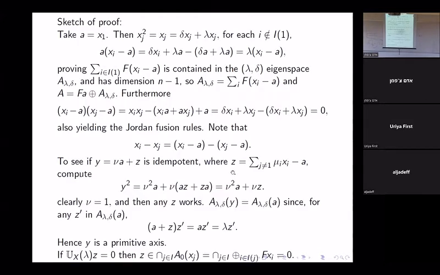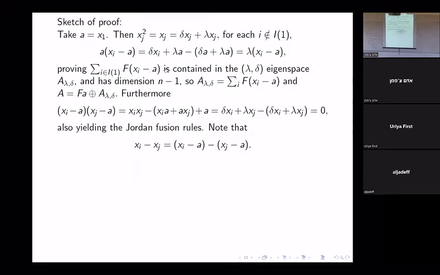I think I'll skip. Well, here, go over the proof quickly. So if A is x1, then xj squared will be xj, which will be this. And actually, maybe I shouldn't sketch it, because this is delta xi plus lambda xj. That should be a lambda. And this is the square zero ideal, written in a different way.